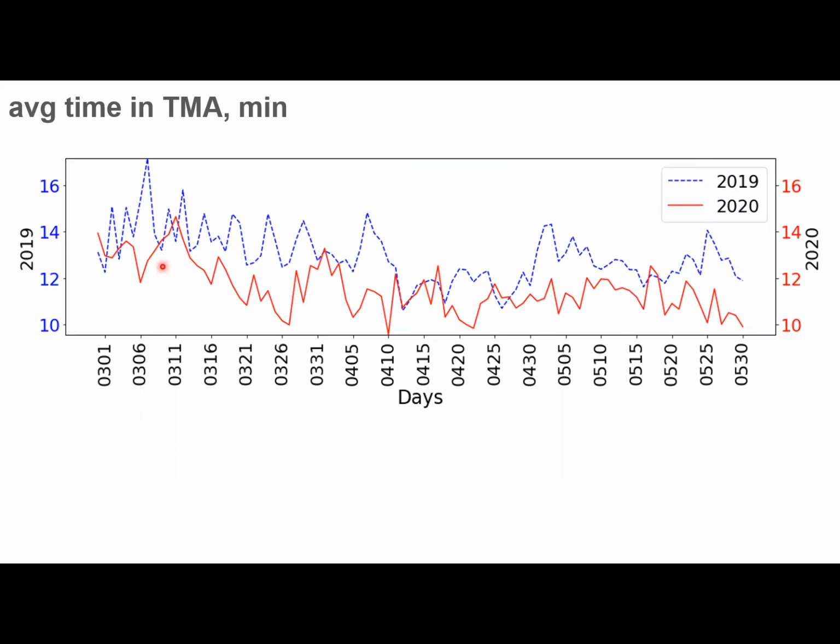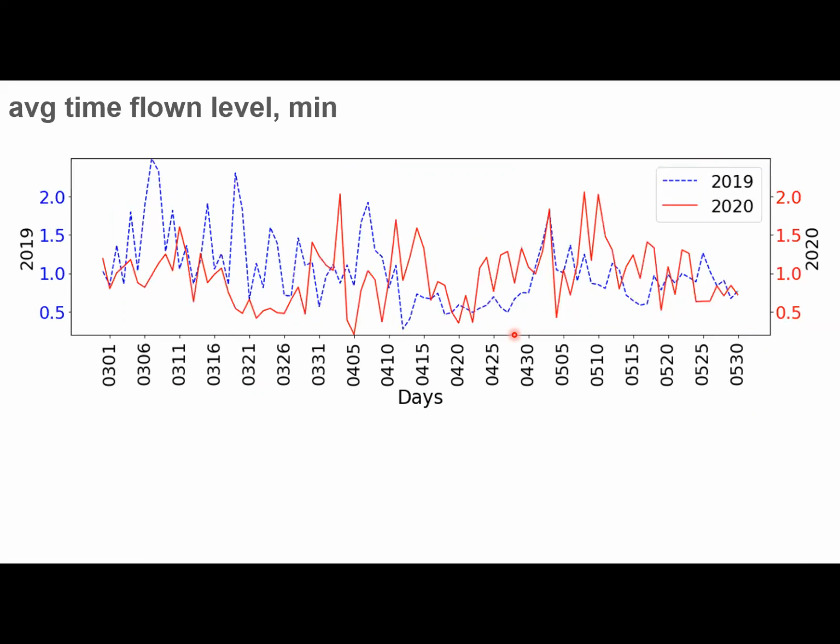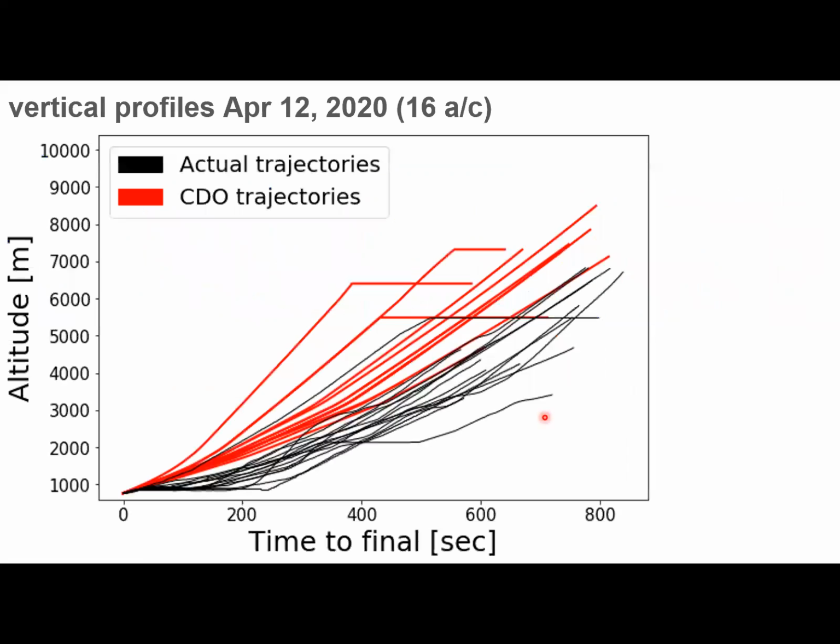The average time in TMA did go down, yes. So the congestion is smaller, so they probably spend less time in TMA. So this average time flown level is more or less how far from CDOs the trajectories were. Well, I don't know. You tell me whether the red is lower than blue or not, but at least not consistently.